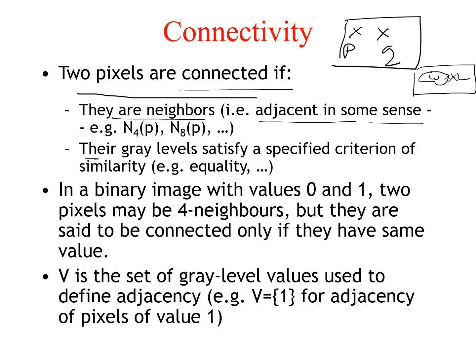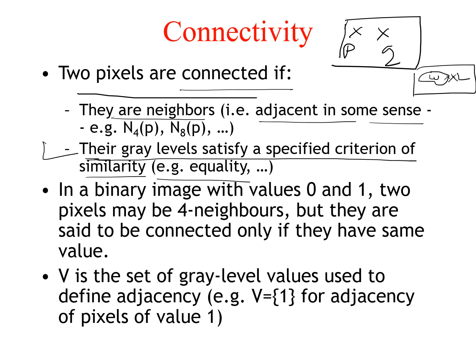Or what is mentioned here, their gray level satisfies a specified criterion for similarity. Example, equality. So we'll see this. You can have different constraints or conditions for this.